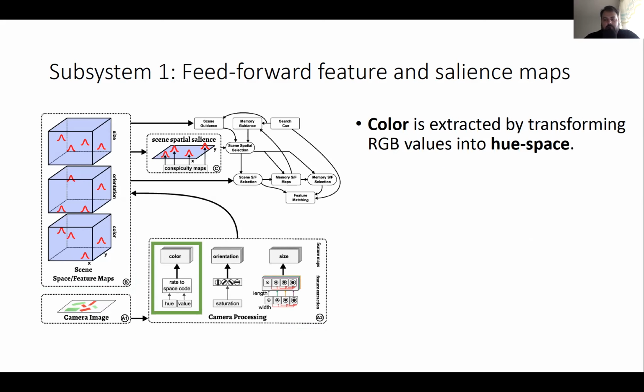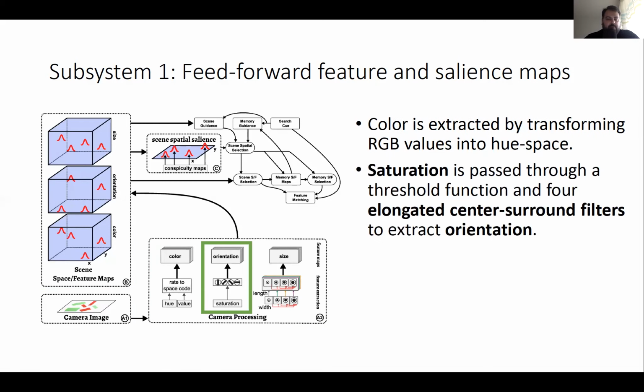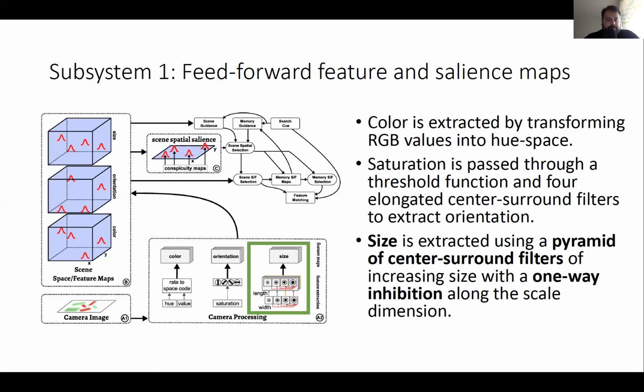Color simply extracts hue space from RGB values. Orientation is the saturation that is passed through a threshold function and 4 elongated center surround filters. And size uses a hierarchical pyramid of center surround filters with increasing size and a one-way inhibition along the scale dimension.